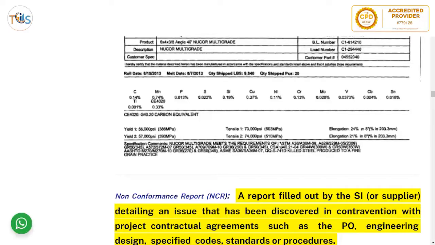And as you can see here, it is as per ASTM A36/A36M, and it also says that it was killed, meaning there was an oxygen scavenger where the oxygen was removed so that the oxygen doesn't combine with the alloying elements, and this produces a fine grain structure, a fine grain practice.